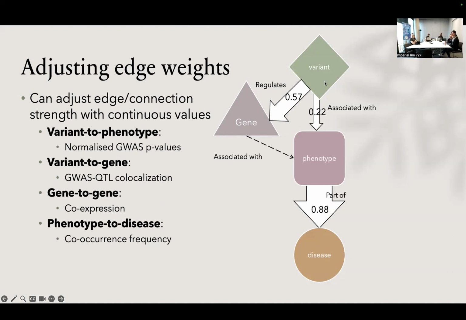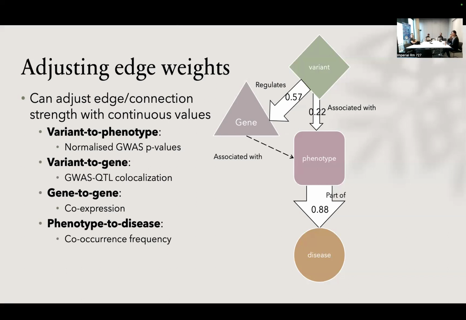You can also, in the case of variant to gene, you might want to take some co-localization studies, or even more simply, just taking a QTL and saying, well, in this tissue, we know this variant seems to be strongly associated with the regulation of this particular gene, and so we can say that that gene is regulated by this variant.